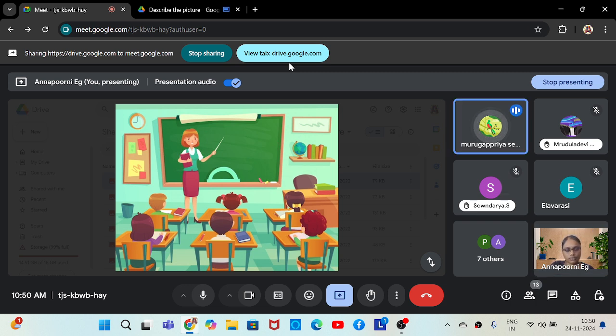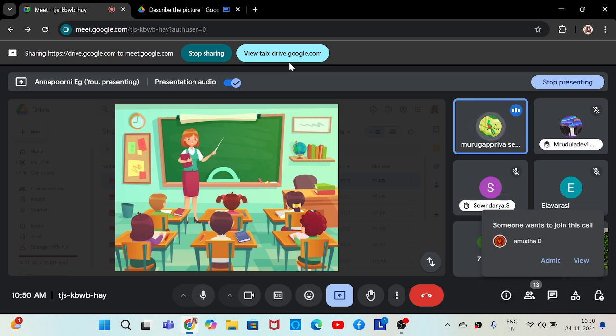Some students have open books in front of them, suggesting they are engaged in the lesson. A female teacher is holding a book, stands in front of a green chalkboard actively teaching.